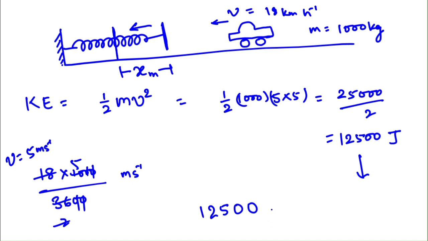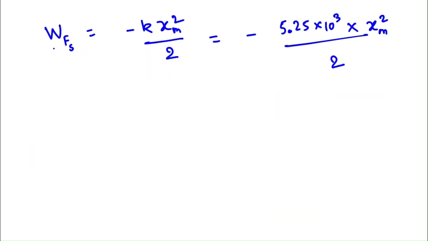Initially it has kinetic energy of this much joule, and finally when it stops, this entire kinetic energy gives rise to potential energy in the compressed spring, and that potential energy will be equal to the negative of the work done by the spring force. So based on that fact, we can write the work done should be minus 12,500 joule.